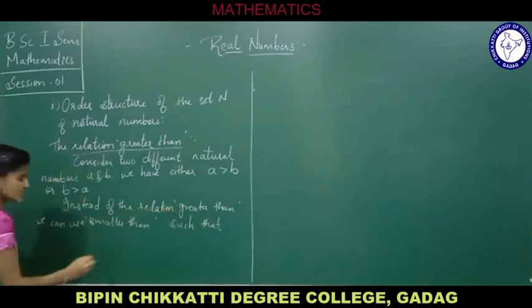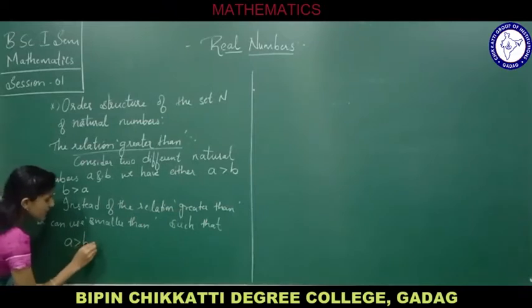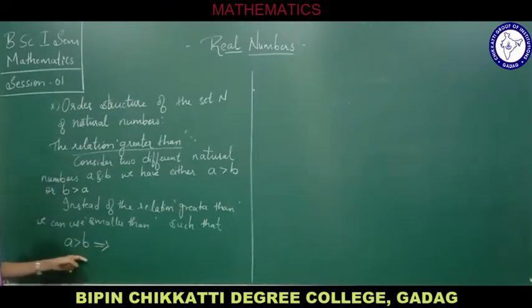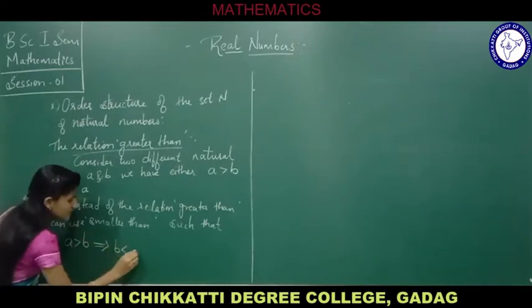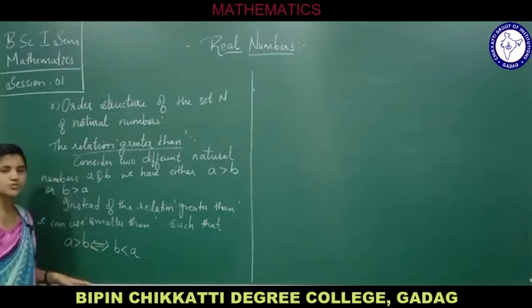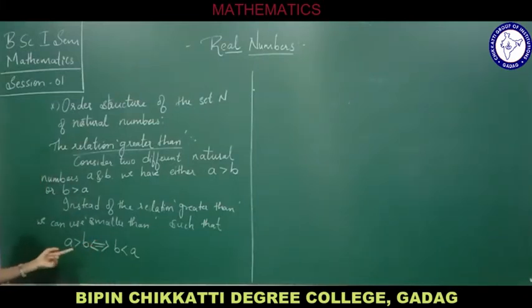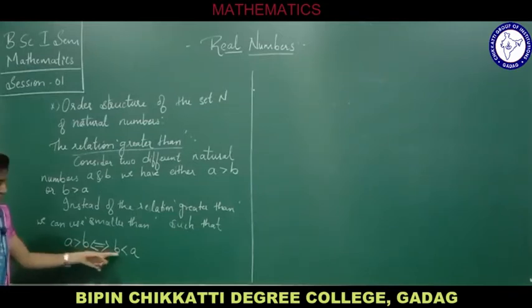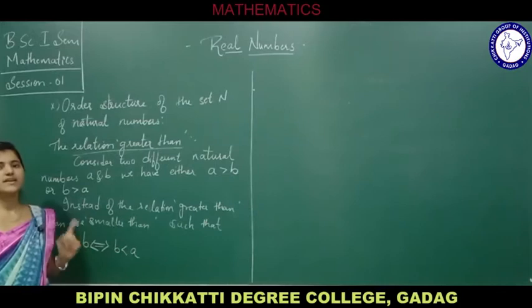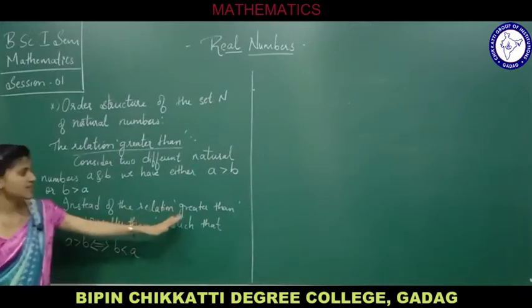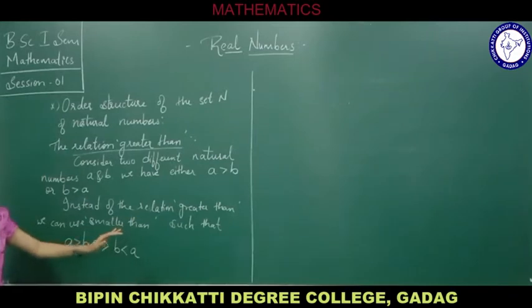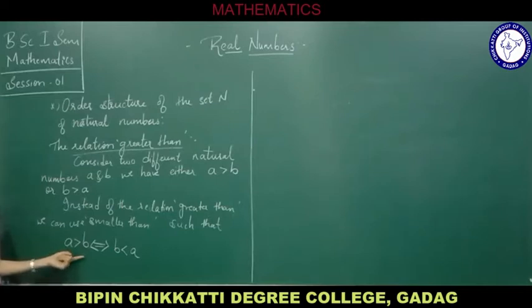This implies that b is less than a. Both mean one and the same: a is greater than b, or b is smaller than a. So instead of using the relation greater than, we can use the relation smaller than also.